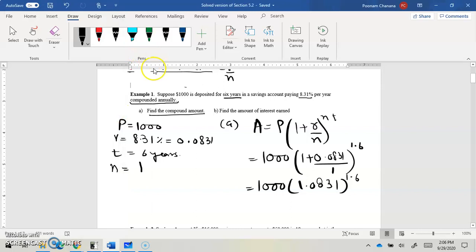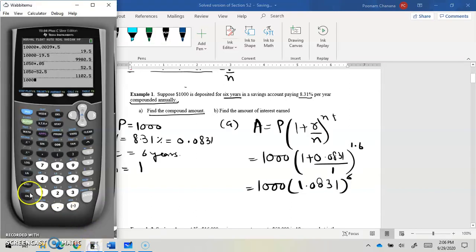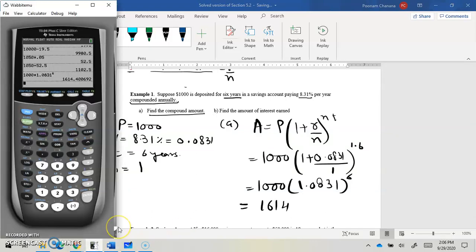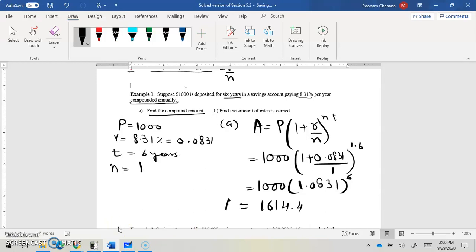We can just say 1 times 6 is just 6, right? So let's use the calculator. 1000 times 1.0831 raised to the power 6. So at the end of 6 years, how much will we have? 1614.4. That is your amount after 6 years.